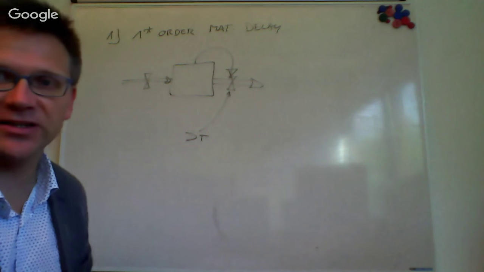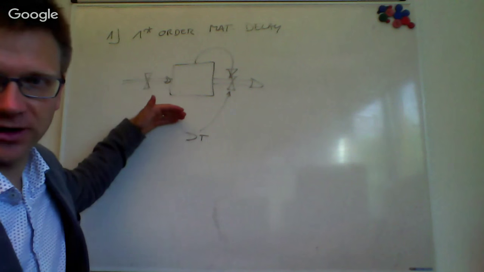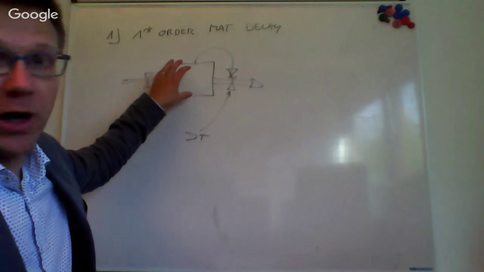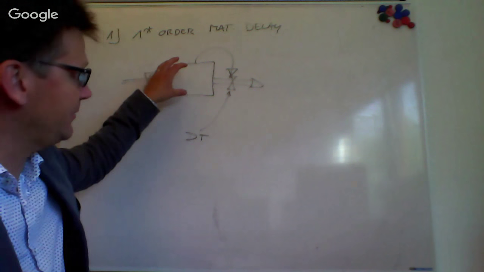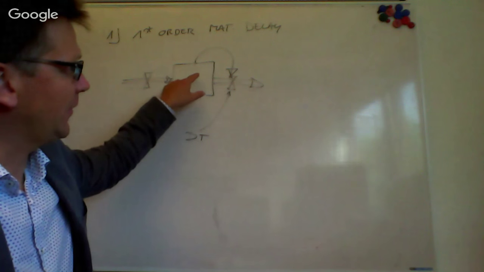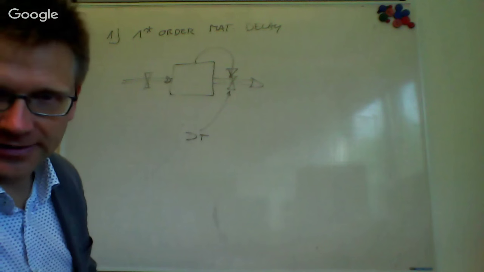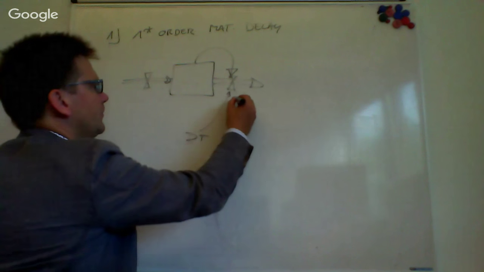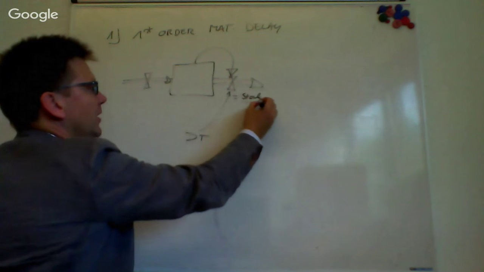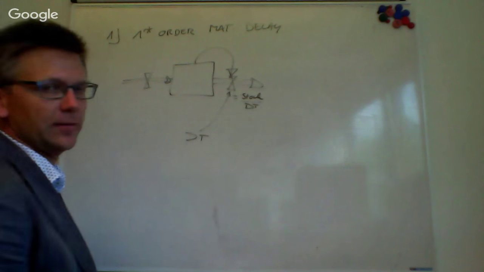That basically means that whatever goes into the stock in the material delay stays there for a while, is homogeneously mixed, and is actually leaving the stock as the value of the stock divided by the delay time. So this is equal to stock divided by delay time.